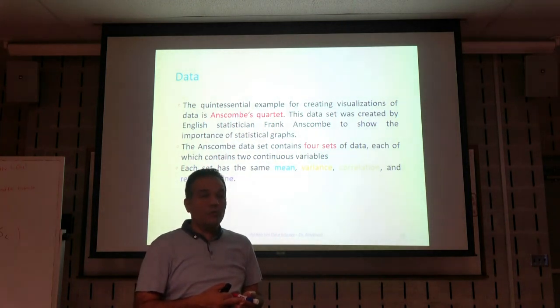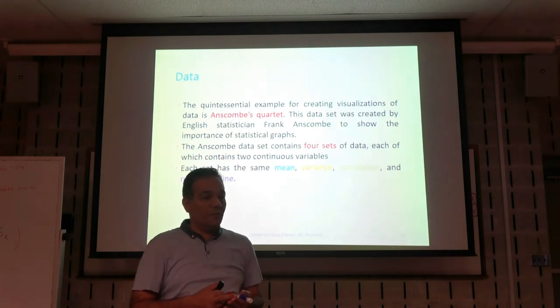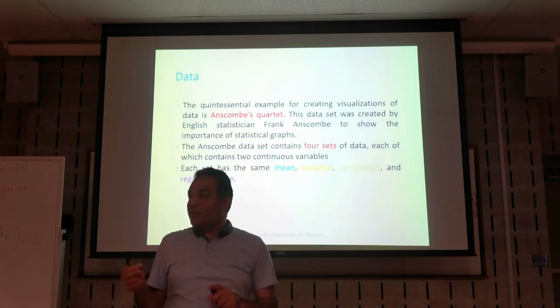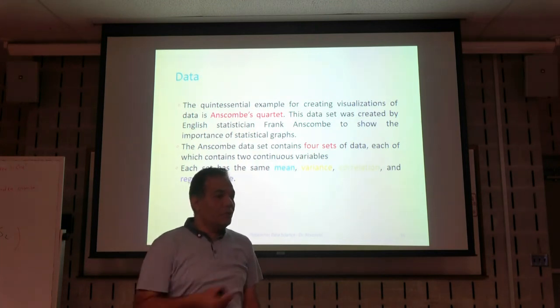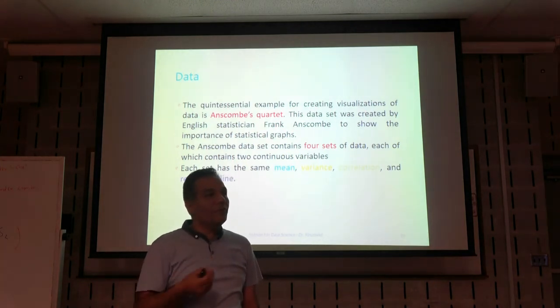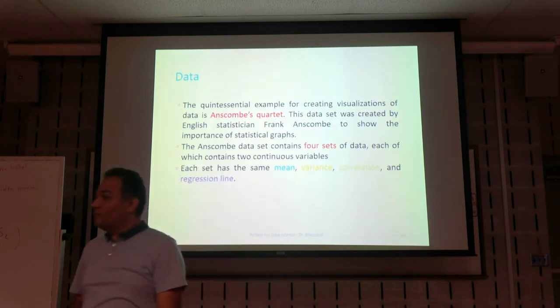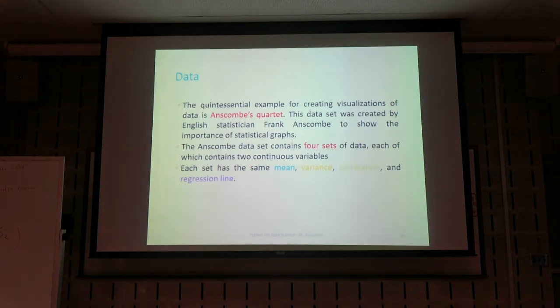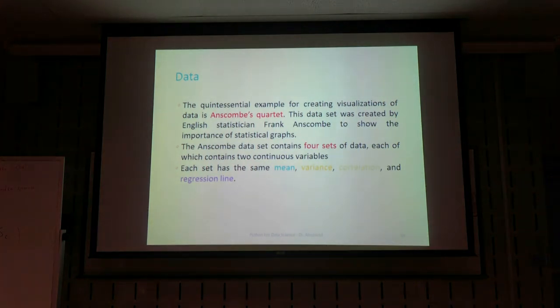The way you could see and understand they are different is when you plot them. You plot them and they look completely different, but as statistical data they are the same. What he's trying to prove here is that statistical data is not enough to give you an understanding and representation of the data. That's the whole idea. This data set was created by English statistician Frank Anscombe to show the importance of statistical graphs.